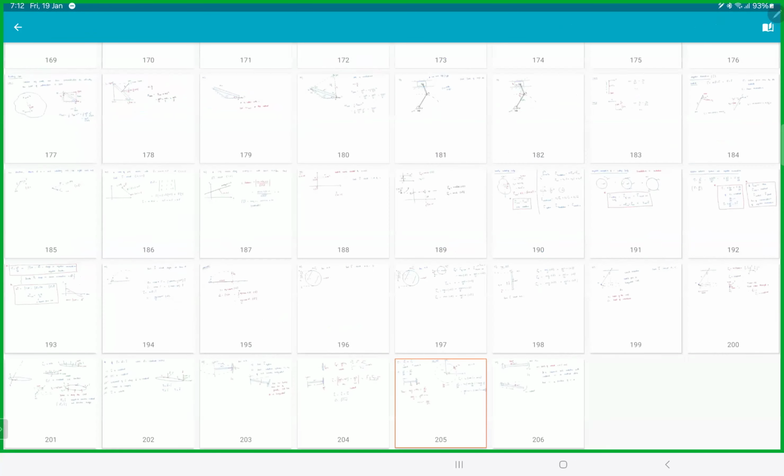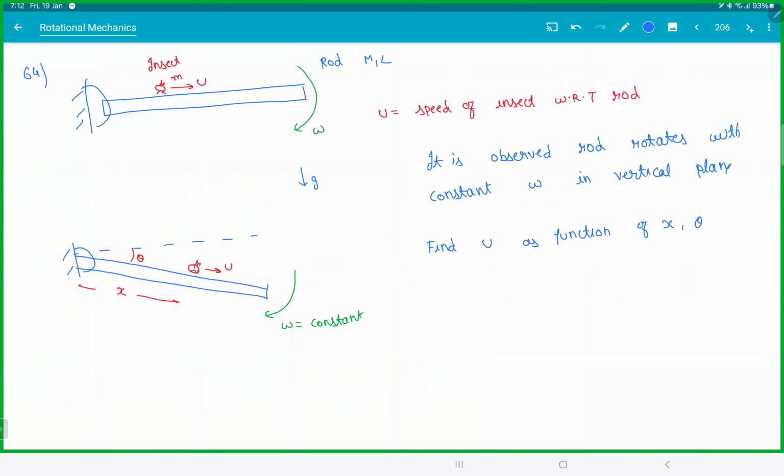Find the speed of the insect as a function of theta and x if the rod rotates with constant omega. What's happening? Take a minute.